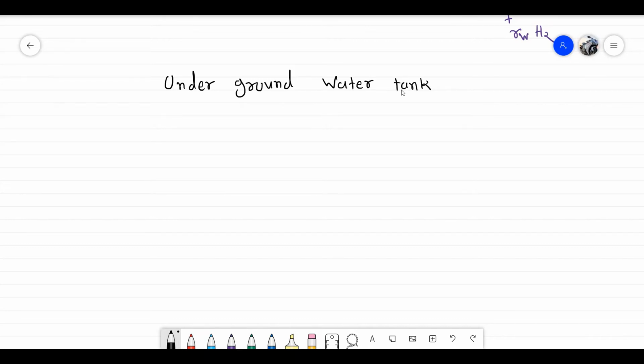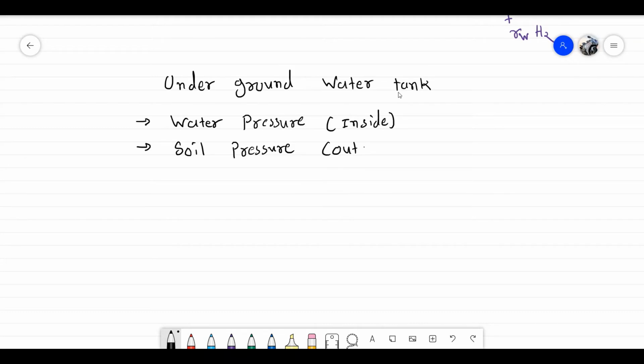In the underground water tank, we have two pressures. First is the water pressure from inside, and as well as soil pressure from outside. While designing an underground water tank, we have two conditions.